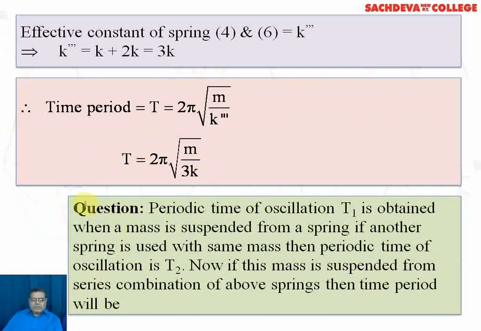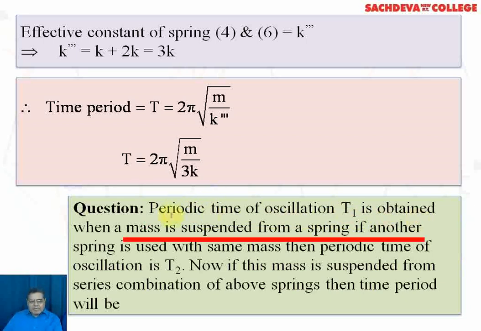Now our next question is about periodic time of oscillation. Periodic time of oscillation means that whatever particle is moving is maintaining periodic motion, and the motion is repeated after regular intervals of time in to and fro direction. So the periodic time of the oscillation is T1.